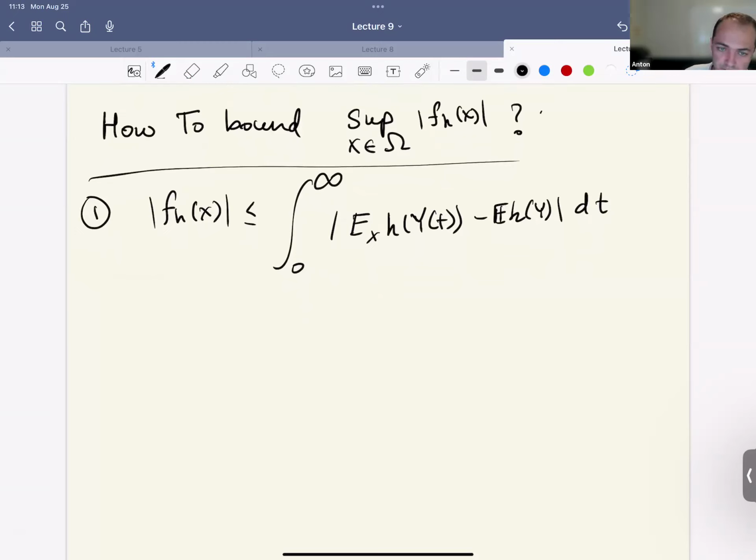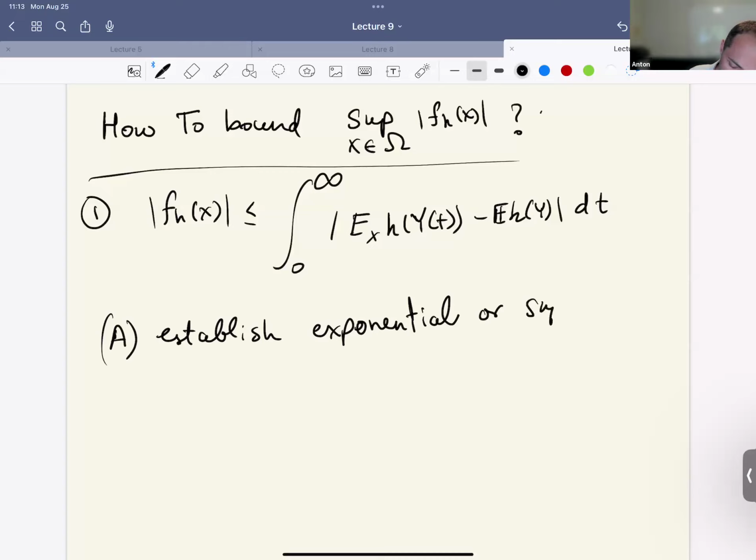Two ways I suggest doing this. Approach A: establish exponential or sub-exponential ergodicity.